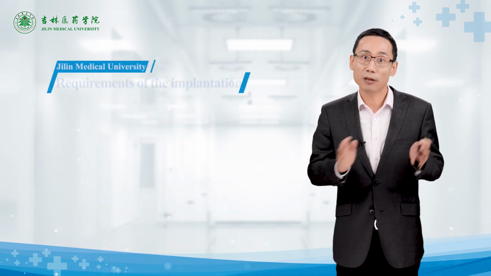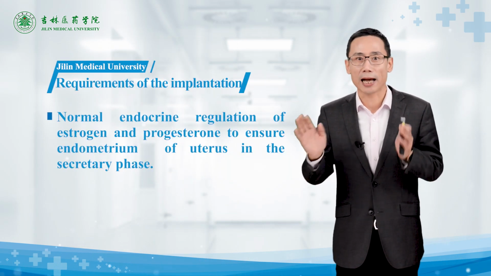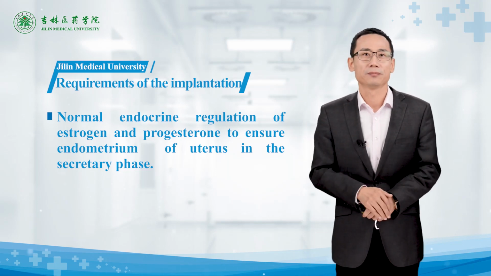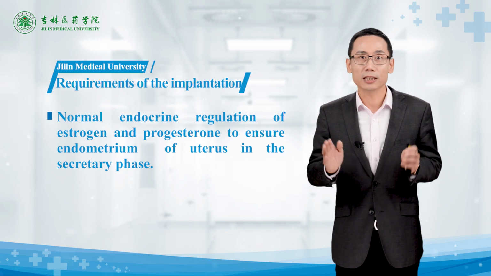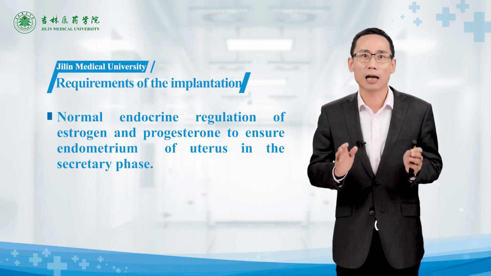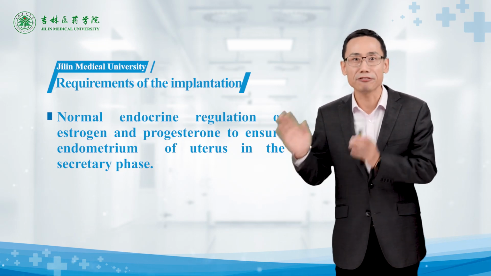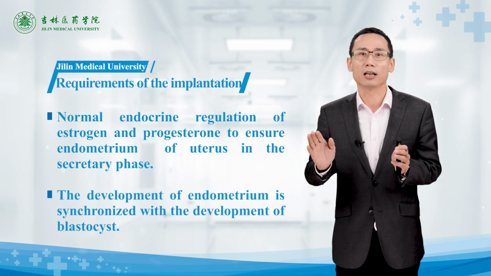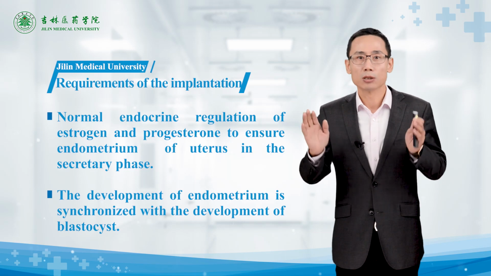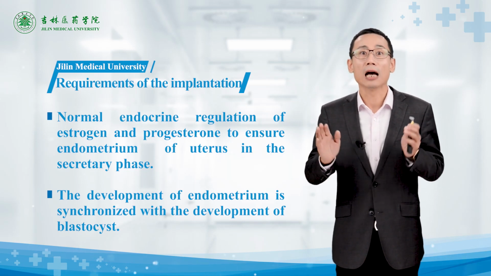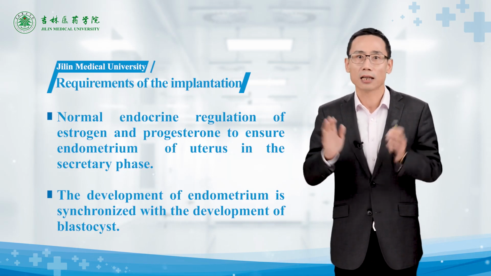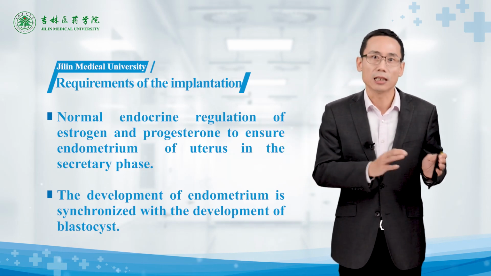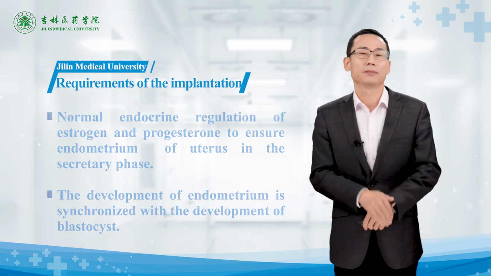The implantation process is finely regulated by the estrogen and progesterone of the mother. The normal secretion of these hormones keeps the endometrium in the secretory phase. If the endocrine of the mother is disordered and the periodical changes of the endometrium are not synchronized with the development of the blastocyst, the implantation cannot be completed.